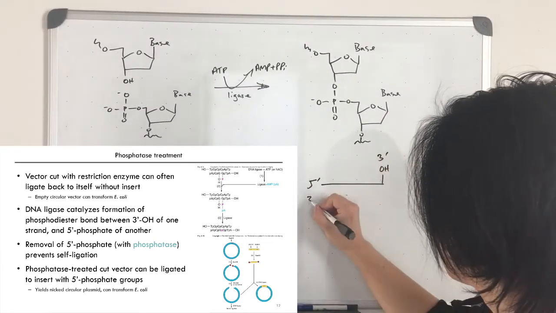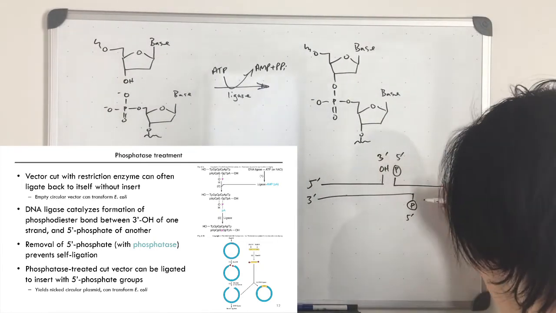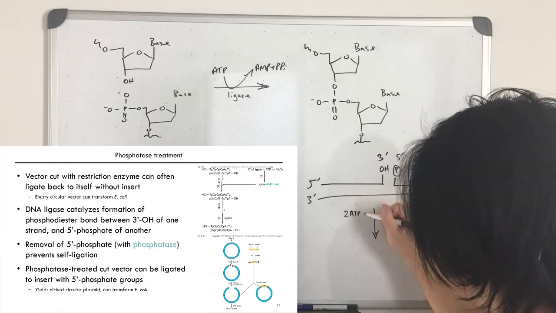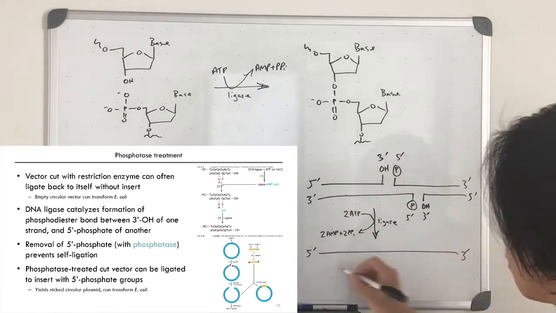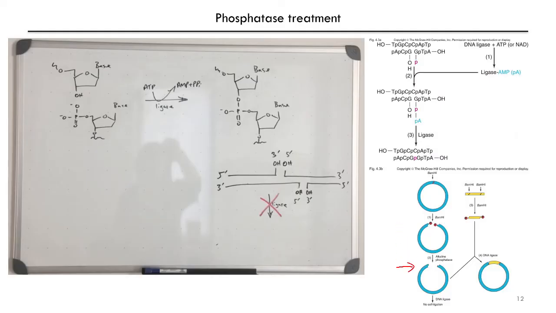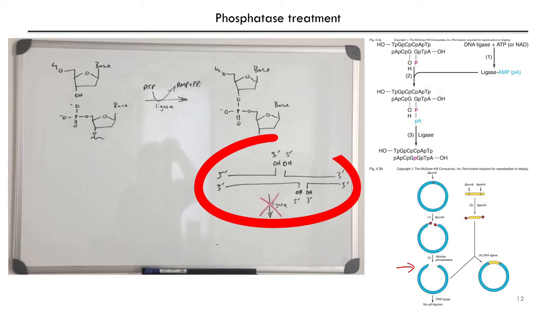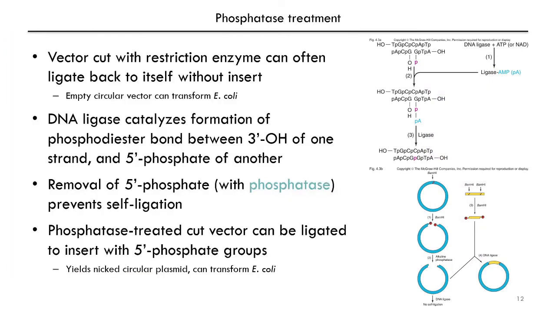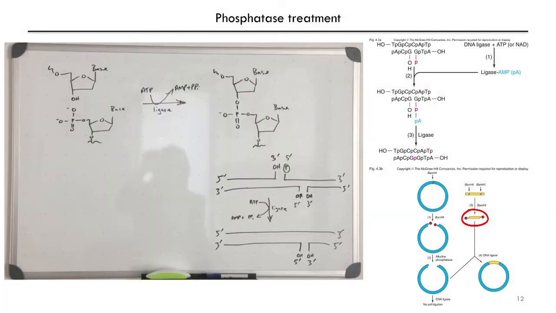To show this more schematically, we have two sticky ends coming together. The DNA ligase is forming the phosphodiester bond using the 5' phosphate. So if you remove the phosphate groups here, DNA ligase will not be able to form the phosphodiester bonds with the two ends that have had their 5' phosphates removed. But now, if you introduce an insert that has a 5' phosphate on its 5' end, then the DNA ligase will form a phosphodiester bond on that strand and leave a nick on the other.